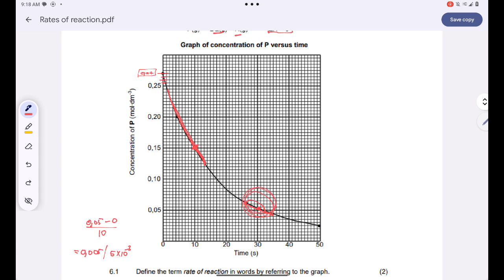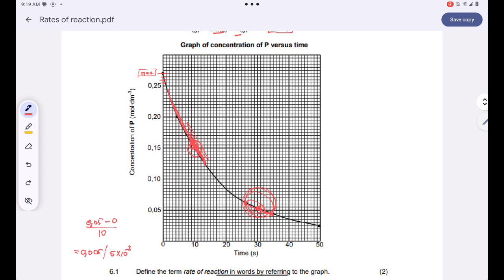Why am I saying that? Because as time progresses, the number of effective collisions will always decrease unless we tamper with the factors that affect the rate of reaction. Are you together? So as time progresses, the number of effective collisions will keep on decreasing. Are you together, guys? And that's why around 10 seconds our graph is steeper, because we have more effective collisions happening during time 10 seconds, and then over there we have a smaller number of effective collisions happening.